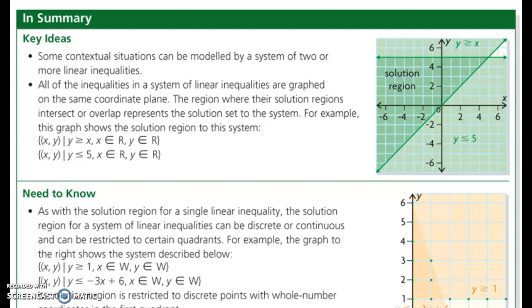Just a few things to highlight. All of the inequalities in a system of linear inequalities are graphed on the same coordinate plane. The region where their solution regions intersect or overlap represents the solution set to the whole system. That means all the inequalities that we graphed.